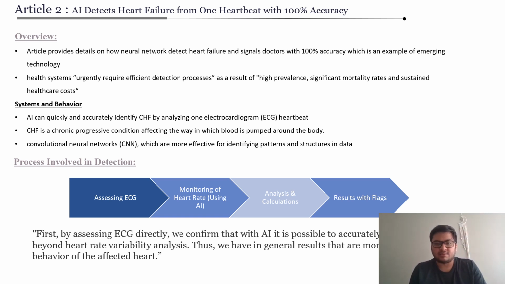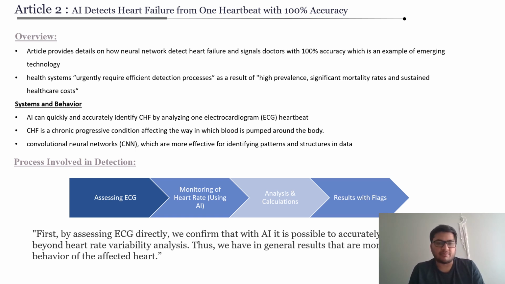As you know, health systems are one of the urgencies of today's industry, and a detection process is required for making the patient's life easier, and saving the patient's life basically.